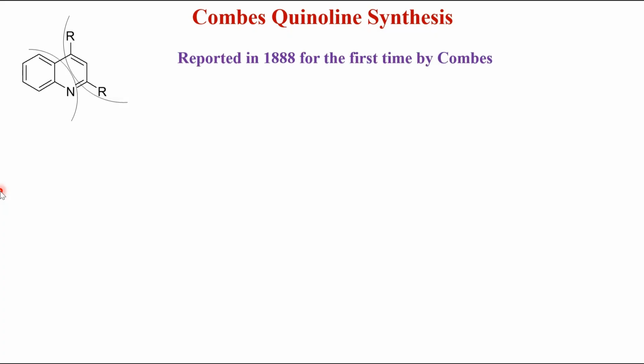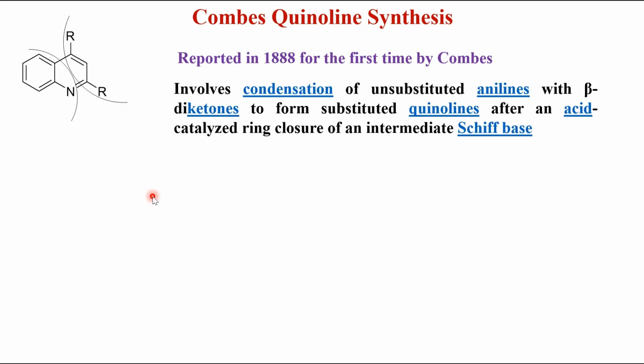Combes reported this method of synthesis in the year 1888 for the first time. Here, the aniline condenses with a 3 carbon donor. I will take a dicarbonyl compound, so that this dicarbonyl compound reacts with aniline and cyclization occurs and gives rise to quinoline.